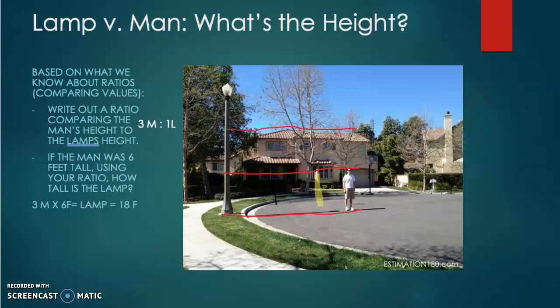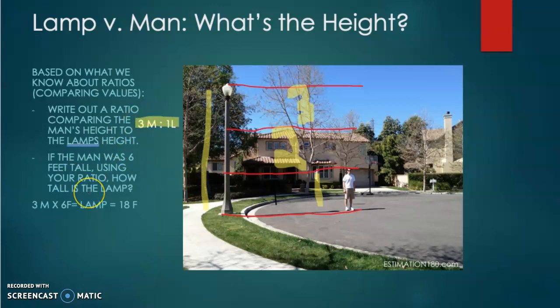That is the height of a second man. And you have all this space to the very top. This is roughly the height of a third man. So remember, this is estimation. Is this perfect? Maybe not, but we're writing a ratio. So it's 3 men to 1 lamp. That's why we have a ratio of 3 to 1.